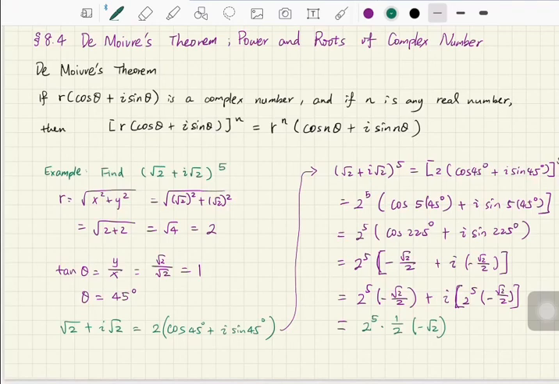Where 2 to the 5th power says I have 2 multiplied by 2 five times, and divided by 2, so it becomes 2 to the 4th power times negative square root of 2, where 2 to the 4th power is 16. So that is how I got negative 16 square root of 2 minus 16i square root of 2. And that is the final answer.